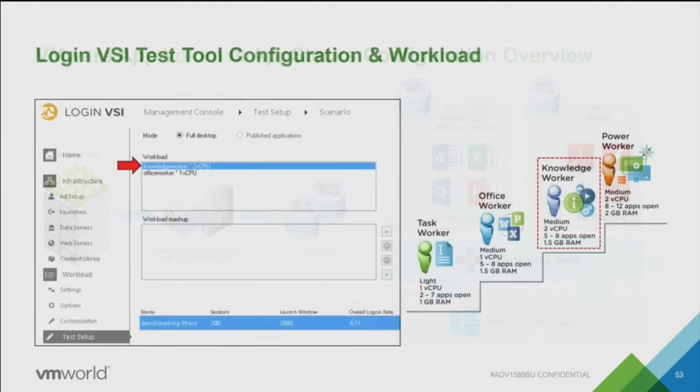All right, next up is the Login VSI test tool, and this gives you an overview of what workload was used. They have an option referred to as benchmark mode, and you put this in benchmark mode. It has a fixed set of parameters that you can't change, like the total test duration.